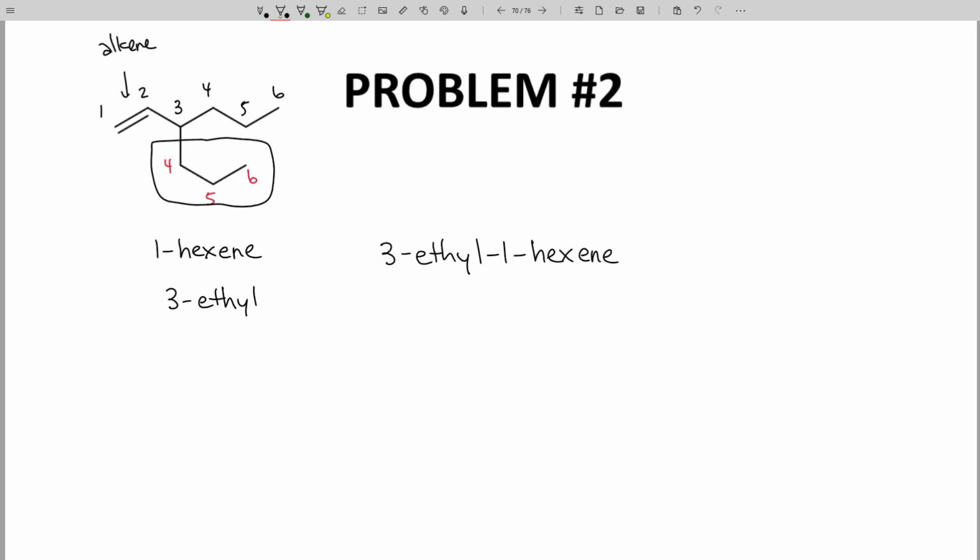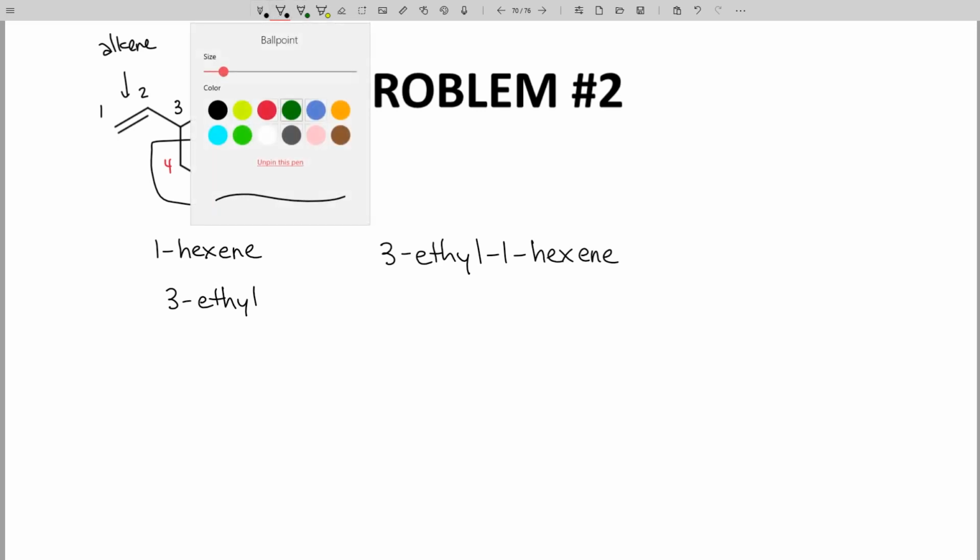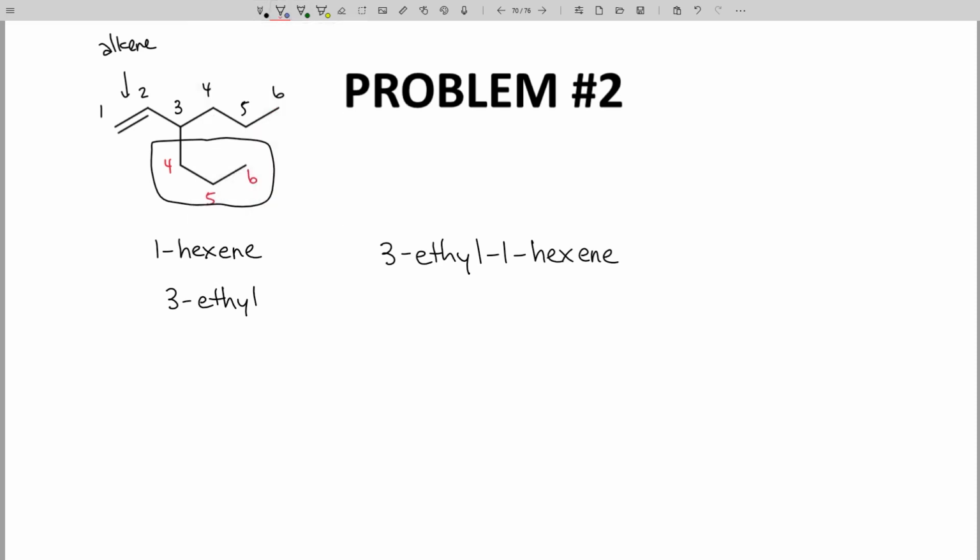Now, one thing to note, if we didn't take into account the priority group needing to be part of the chain, we might have numbered this differently. Let's pick a different color. Let's go purple. We might have said, oh, there's a longer chain. 1, 2, 3, 4, 5, 6, 7.